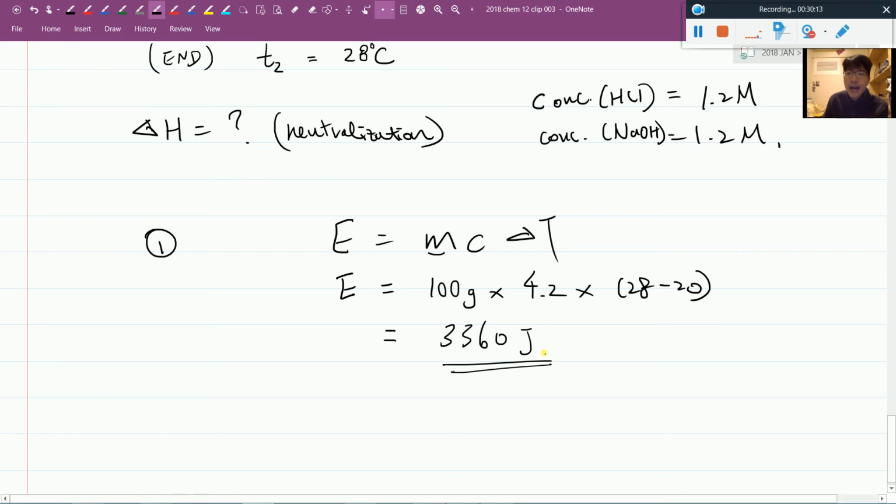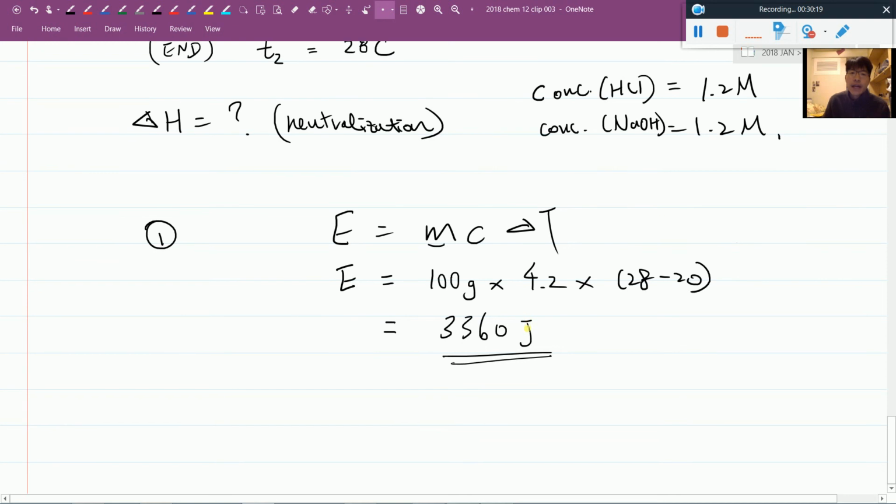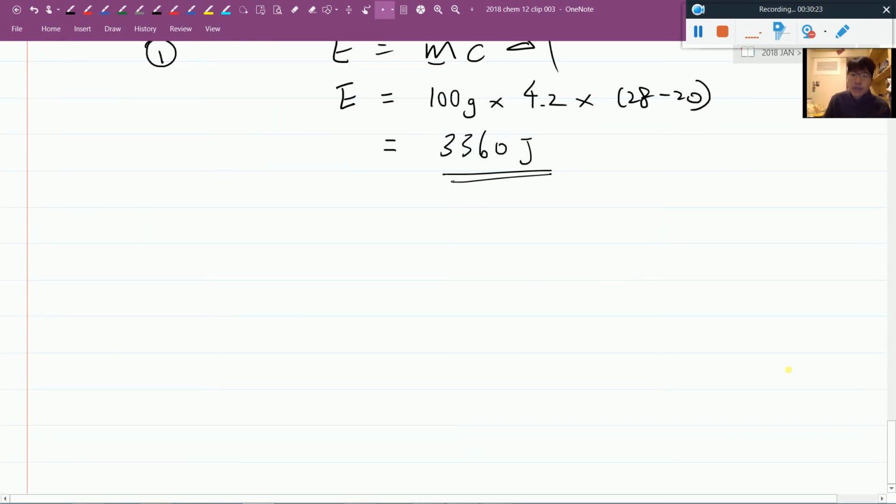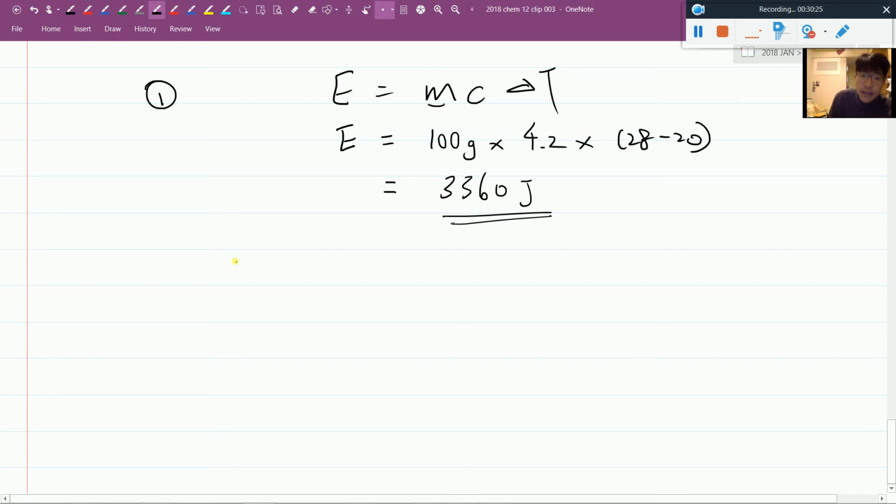So I know how much energy is released from mixing two things together. Then what else do we do? We look at the concentrations first. Hydrochloric acid reacts with sodium hydroxide in a 1-to-1 ratio, and that means the number of moles you need to neutralize both of them is 1-to-1.